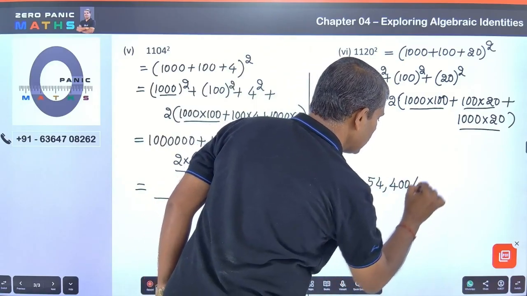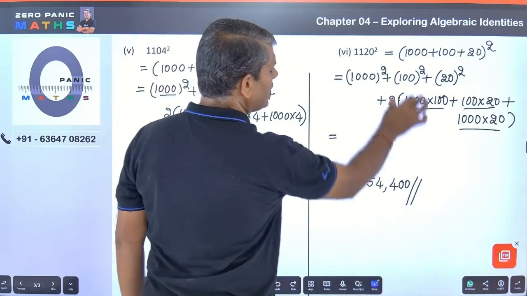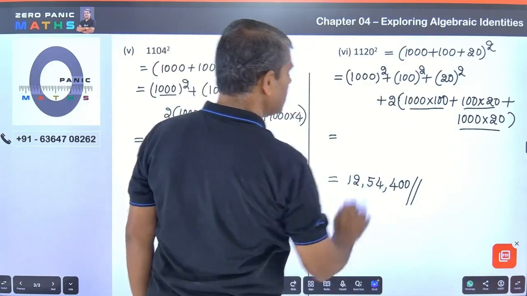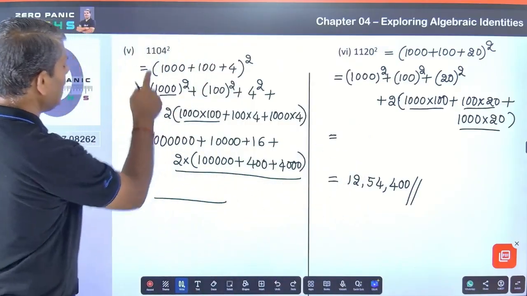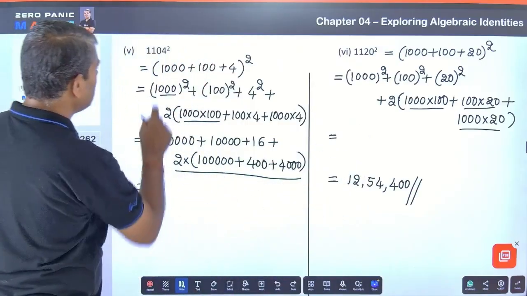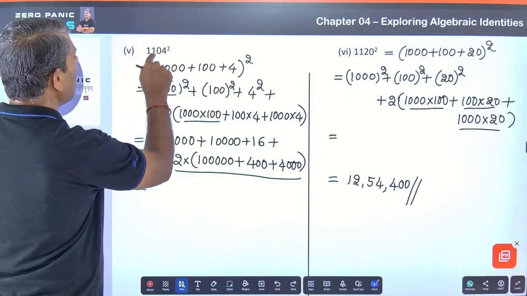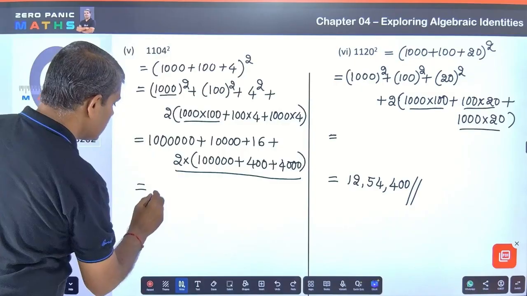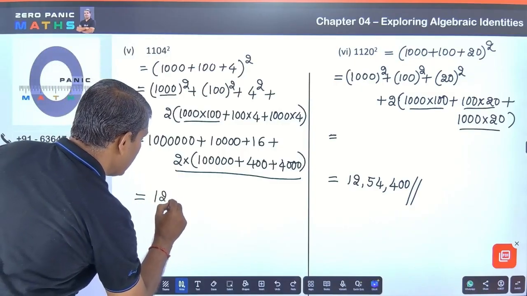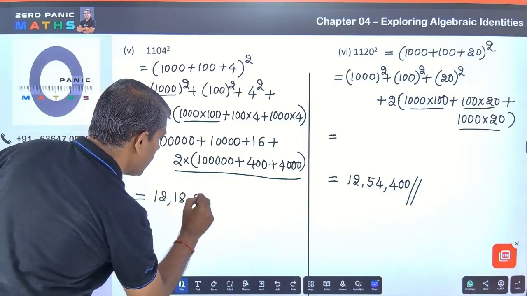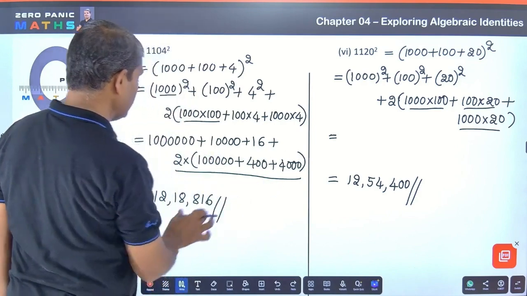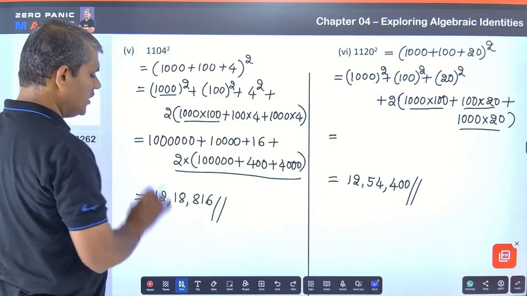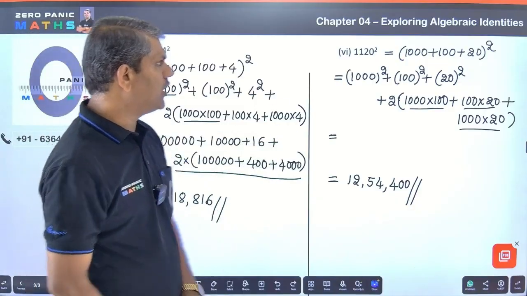So you can calculate this sum and compare it with this value, whether you get that value or not. Similarly, we will have the answer for this also, that square of 1104 is 12,18,816. After calculating the sum, you compare your answer with this value, whether you get that value or not.